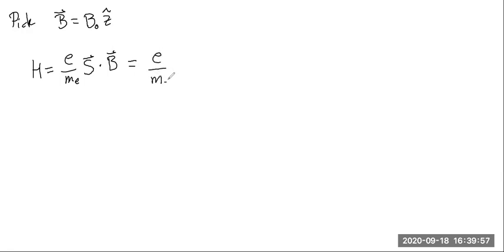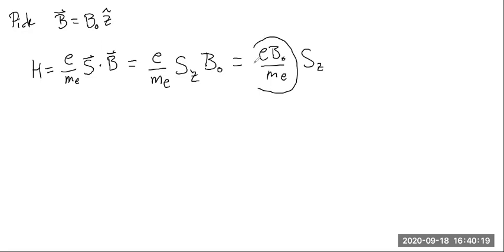So I get e over m sub e S z times B naught. One other way of writing this is e times B naught over m sub e times S z, which is an operator. And these are all numbers.